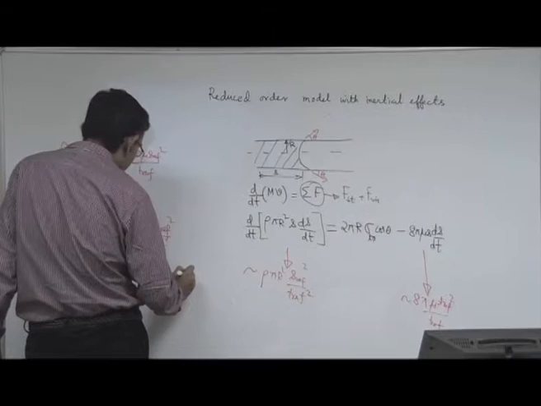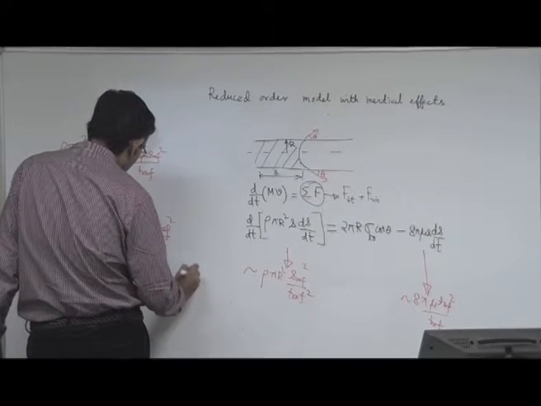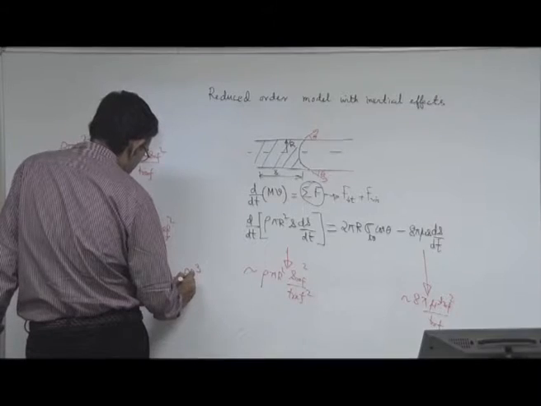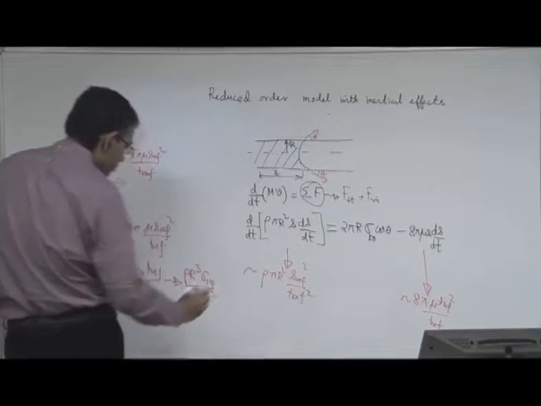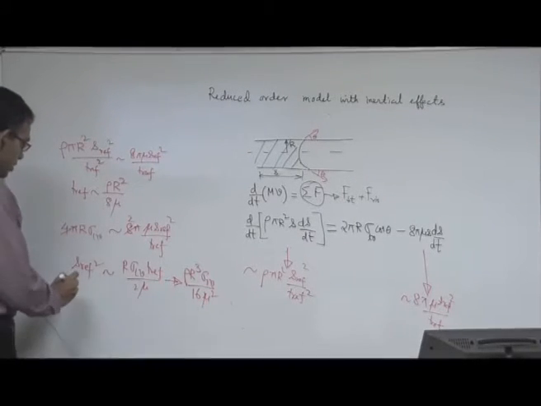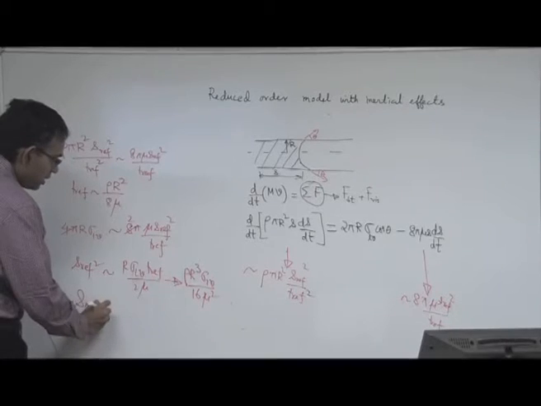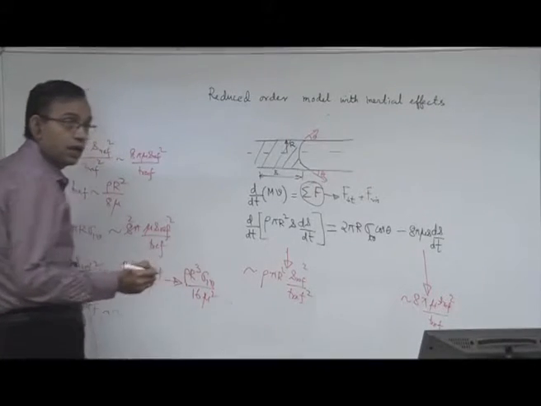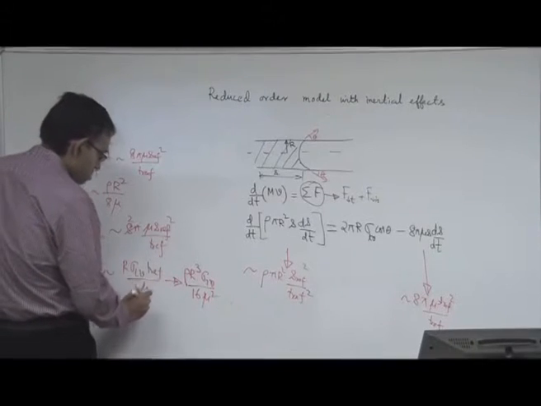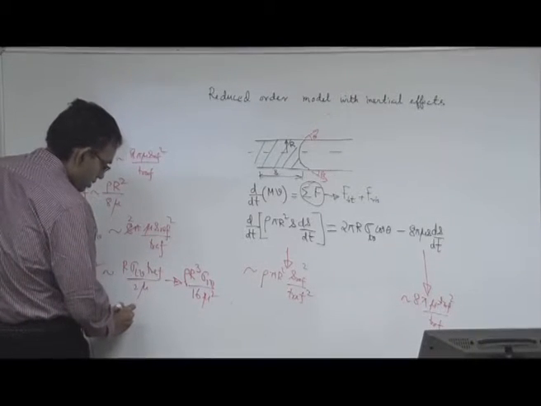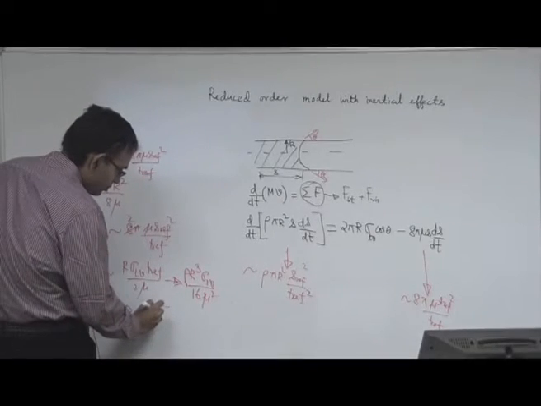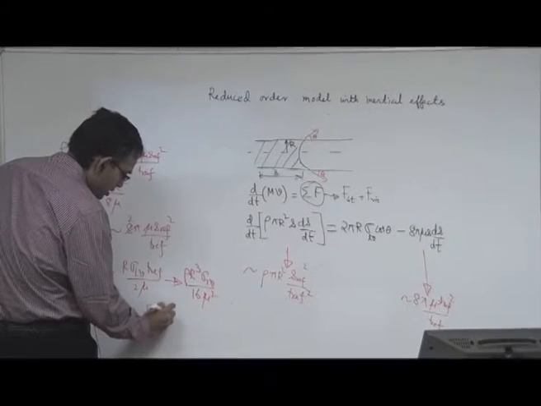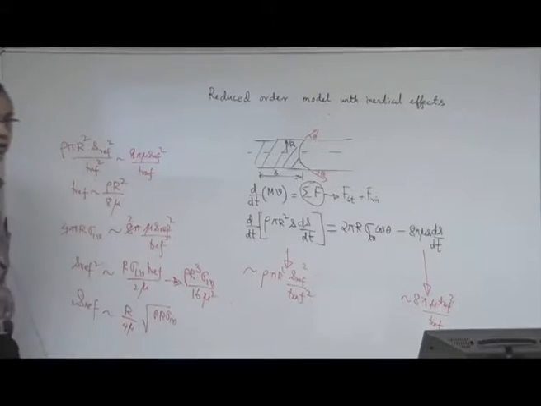T ref is rho r squared by 8 mu. So rho r cubed sigma LV by 16 mu squared, right. So S ref is of the order of R by 4 mu into square root of rho r sigma LV, right.